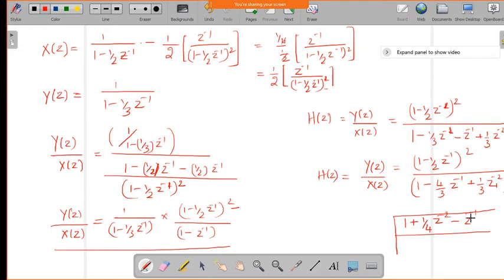So if you divide this by 1 minus 4 by 3 Z inverse plus 1 by 3 Z power minus 2, you will get the result.